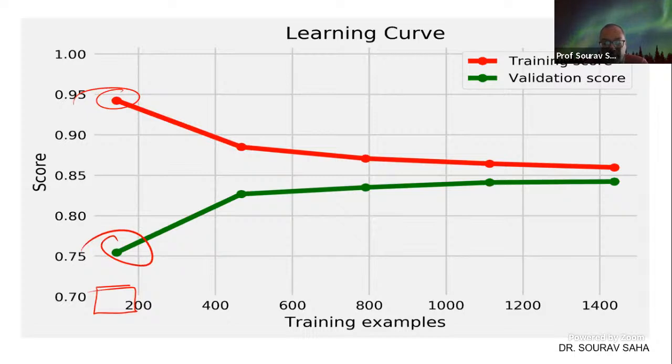Now you tell me what happens on the other part where you are increasing the number of training examples. When we increase the number of training examples, both the training and validation scores, the gap becomes less, right?